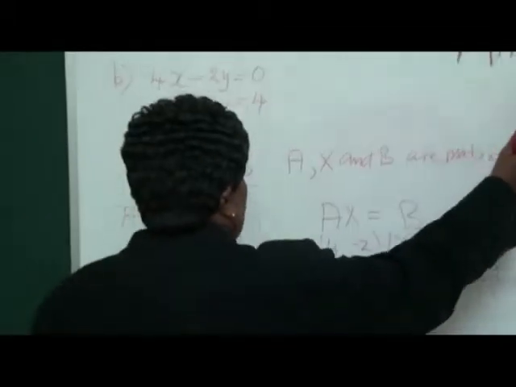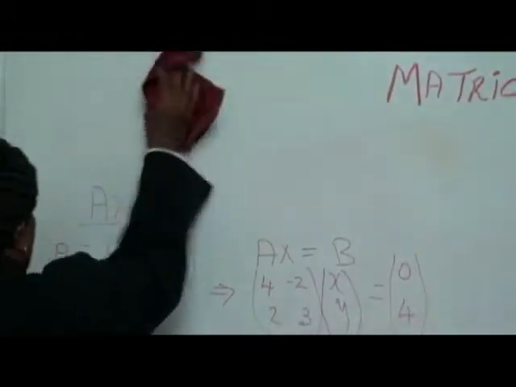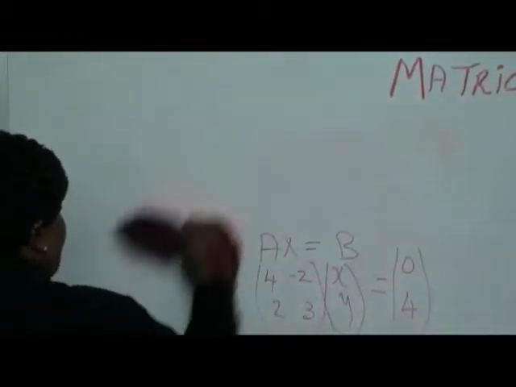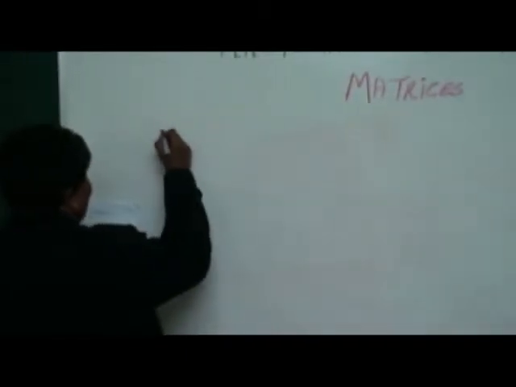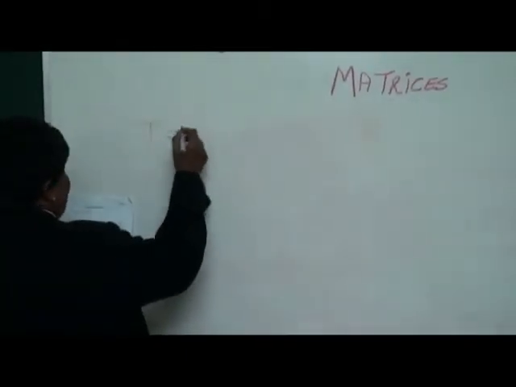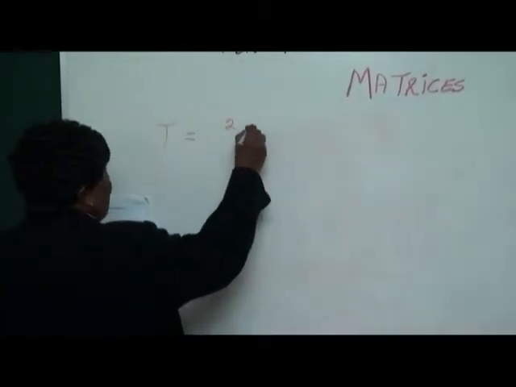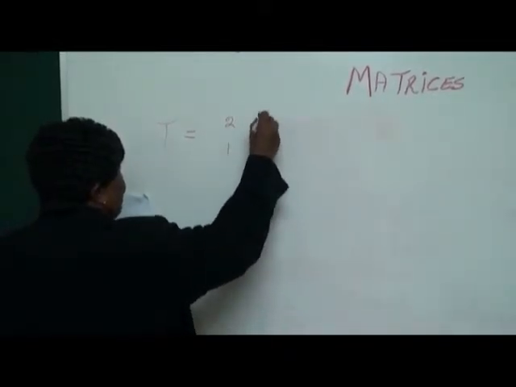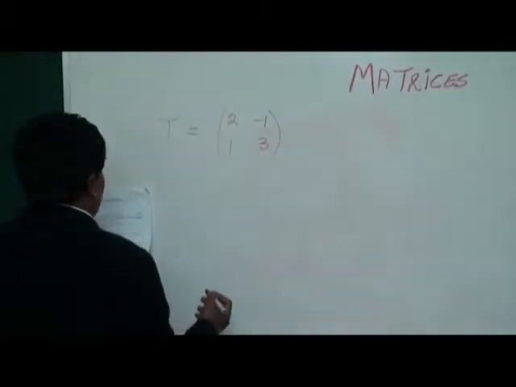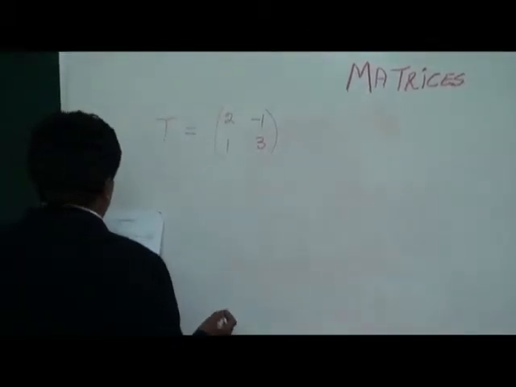Now, here we go. T is equal to 2, negative 1, 1, 3.